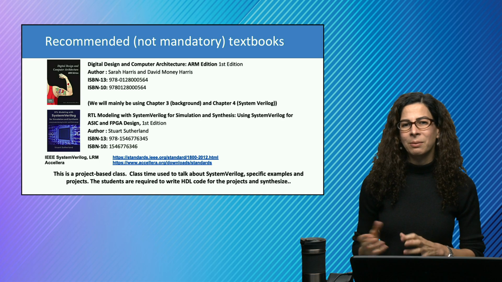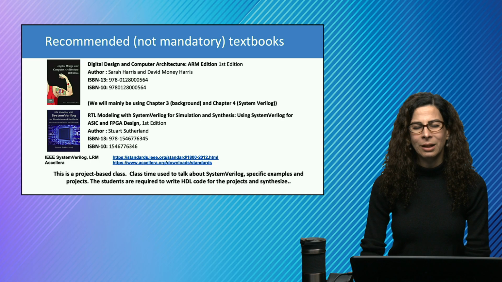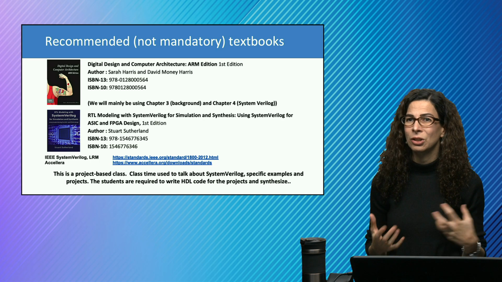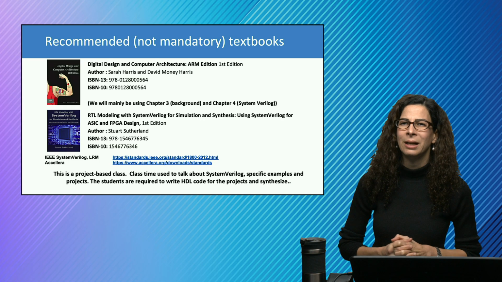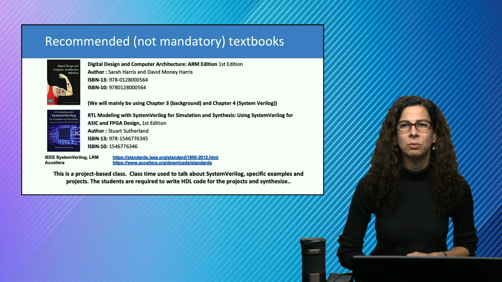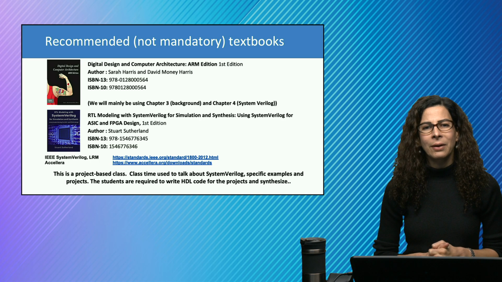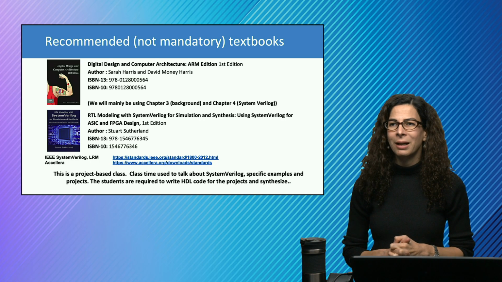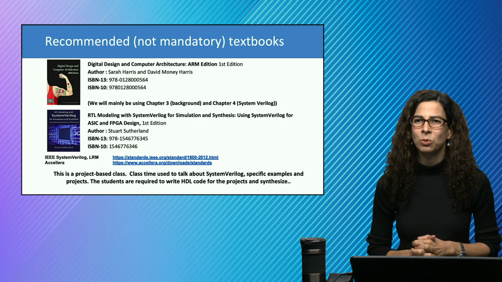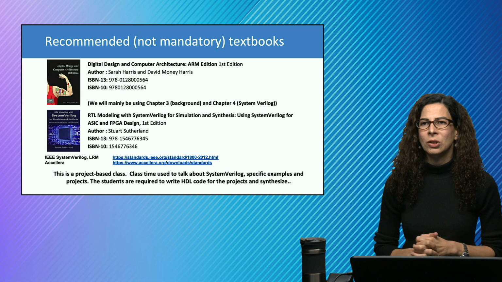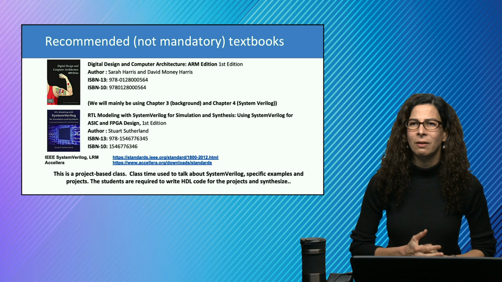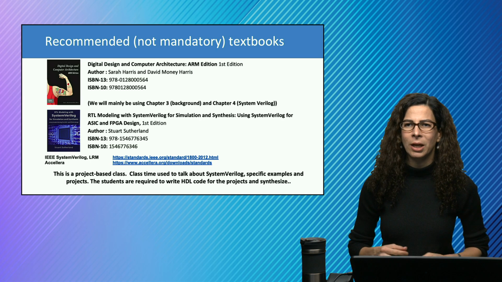The one that has the best overview that is most relevant to this course is the ARM edition, but also the second edition of the book by Harris and Harris is similar to that. So if you have that one, there's no need to try to get the other one. Another book that is recommended by a lot of people in industry who are using System Verilog is the one by Stuart Sutherland, which is going through synthesis and simulation with System Verilog for both ASIC and FPGA.